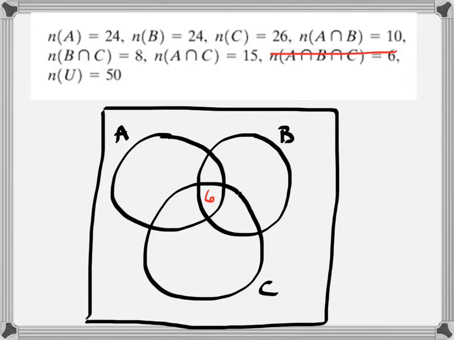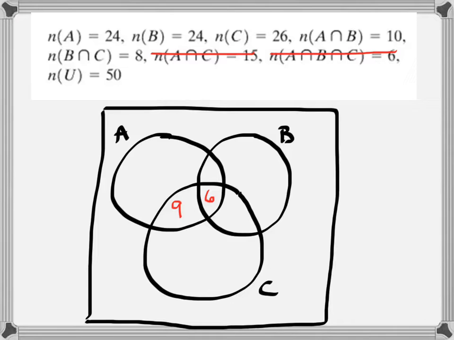Now we can look at the intersection of just 2 sets, and you can see that for instance, A intersect C has 2 different regions, but we already have 1 number filled in. So if we have that A intersect C is 15, that's in the information given, and we already have 6 of the elements accounted for, that means in the other region we have a total of 9 elements.